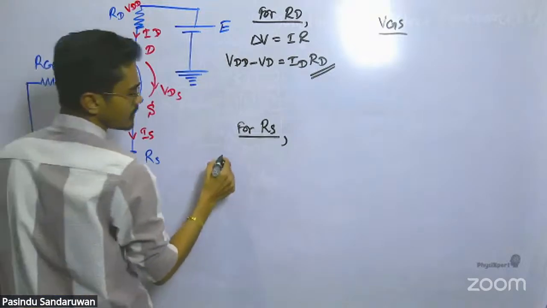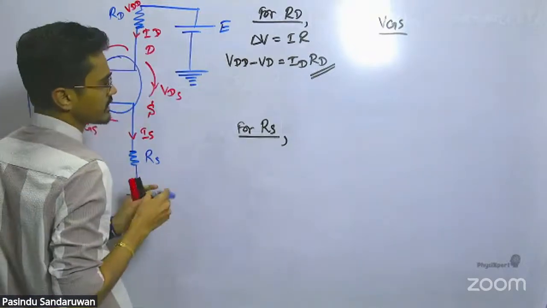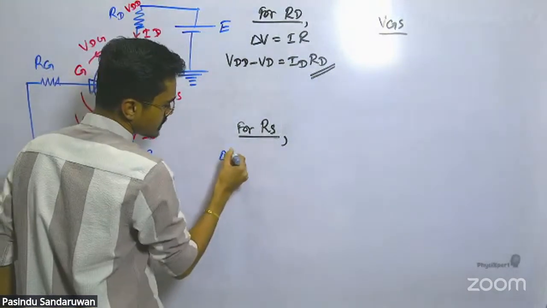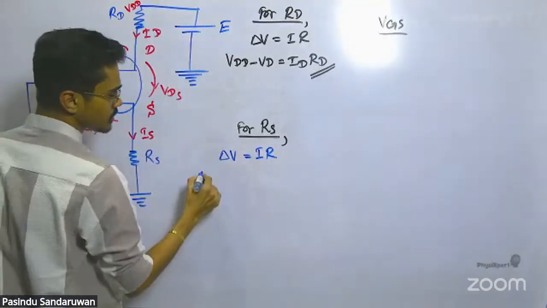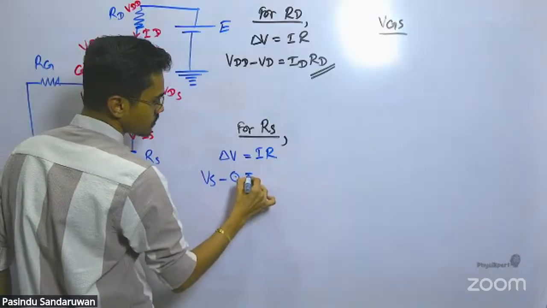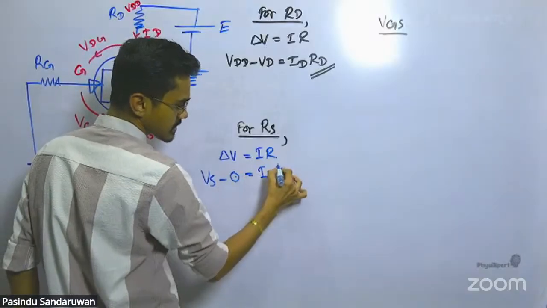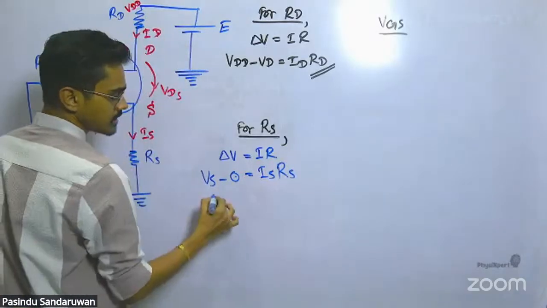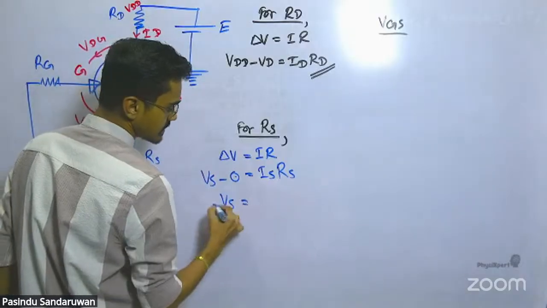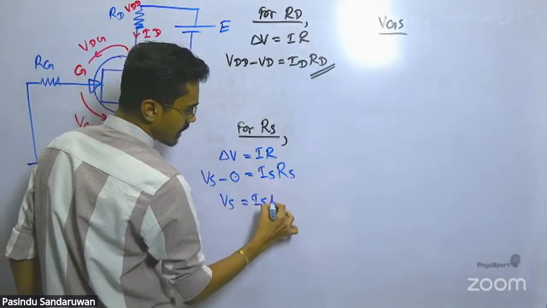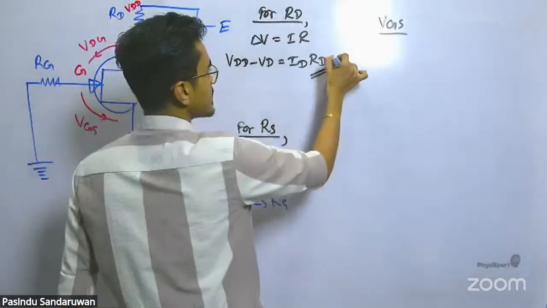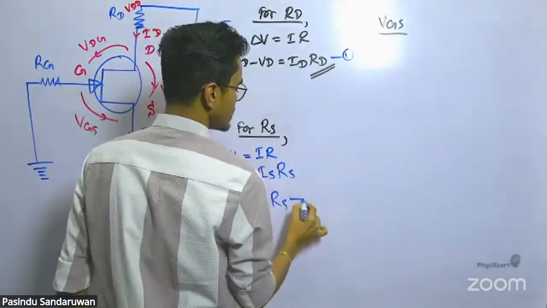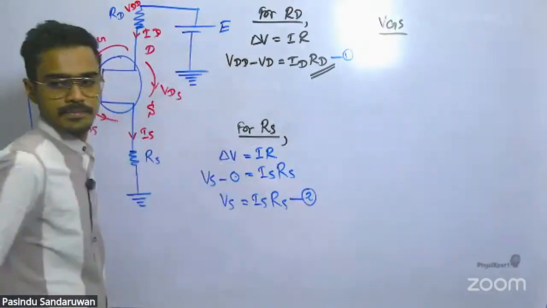Using delta V equals IR, delta V is VS minus 0, which equals the current IS times RS. So VS equals IS RS. This is equation 1 and this is equation 2.